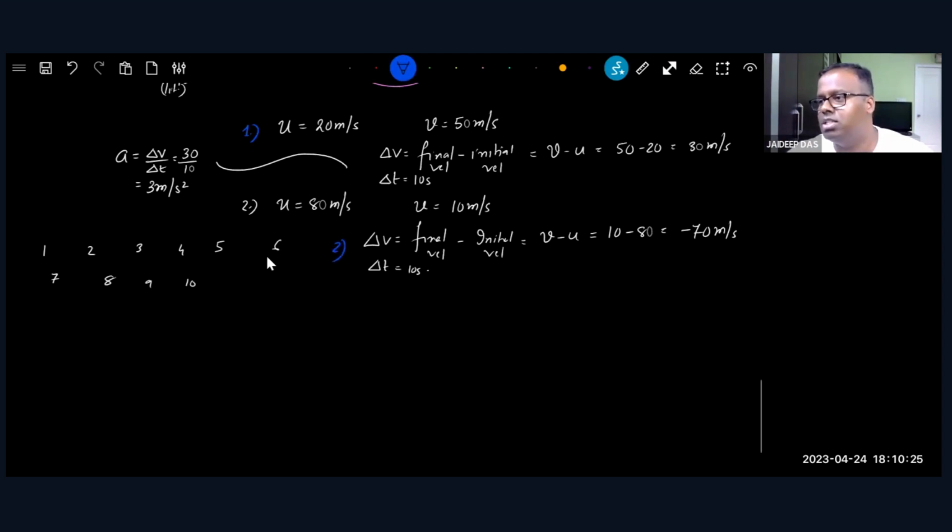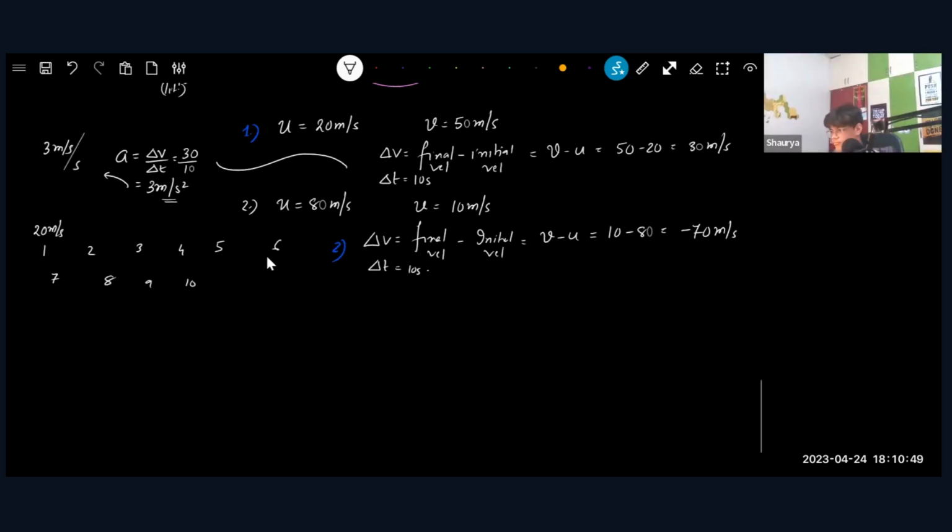I started with what velocity? Look at the initial velocity: 20 meters per second. What is the acceleration you calculated? 3 meters per second square. This means 3 meters per second every second.